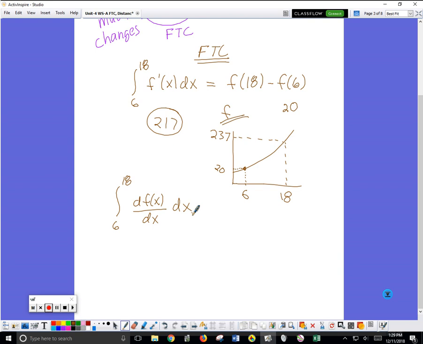So what I said was, we've been talking for quite a while now that the fundamental theorem tells me that if I integrate the rate at which f is changing, the result of that integral will be the total change in f over some span. So this example said the integral was 217. F at time 6 was 20. So then f at 18 is 237, the total change in f.